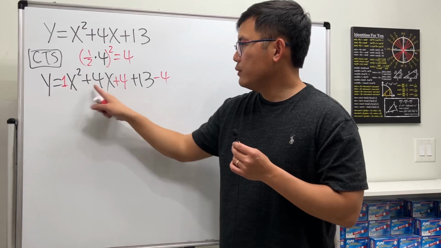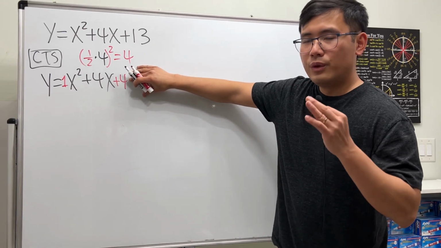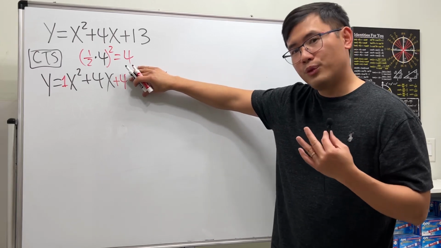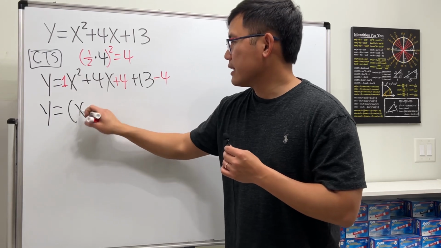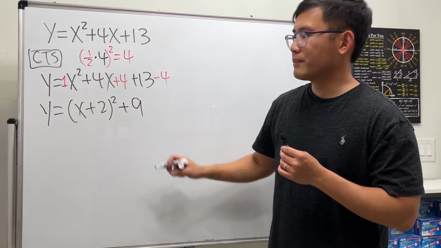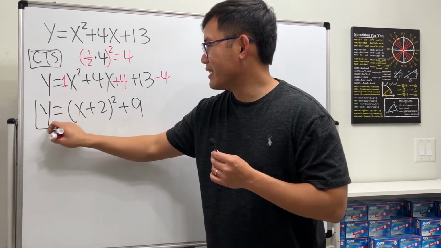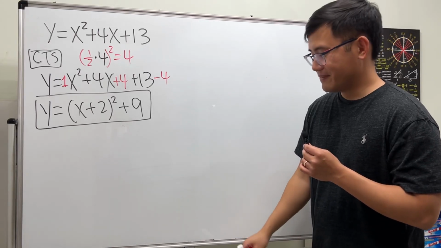Okay, and then just look at the first three terms and factor it. We get x plus 2 times x plus 2, which is x plus 2 squared. So we get y equals x plus 2 squared, and then work that out, we get plus 9. That's it. This right here is the equation in the vertex form.